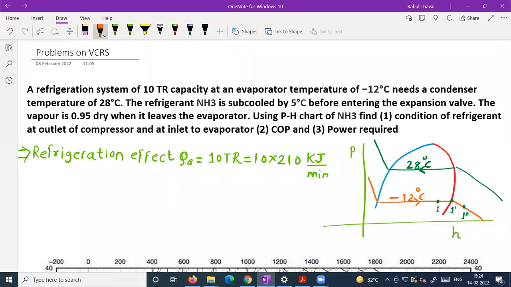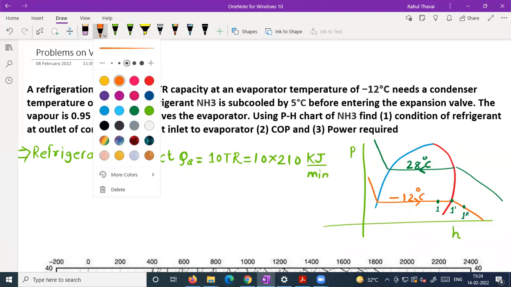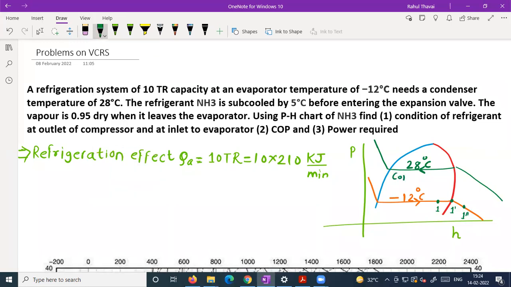This is condensation, which occurs in a condenser. This 28 degrees Celsius is the condenser pressure. So that process occurs in a condenser.